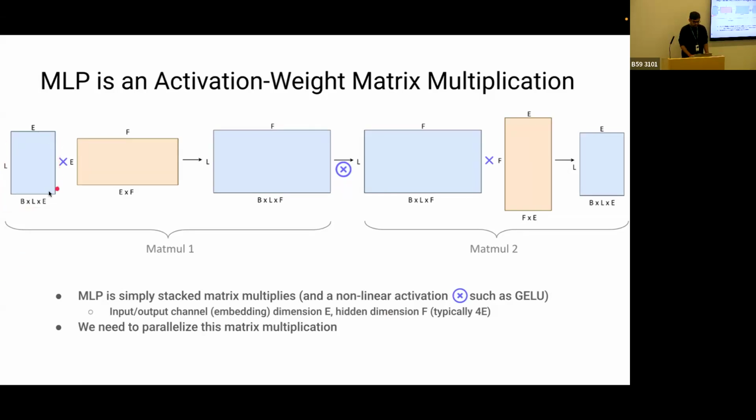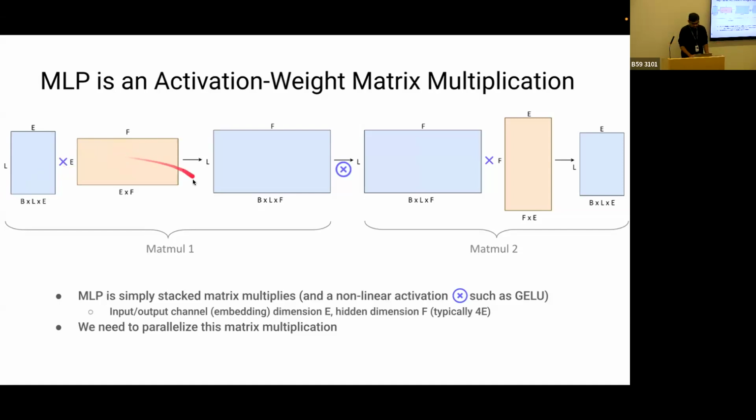You have your input tensor, batch by L by E. You're multiplying it by a weight matrix. Once again, weight matrices are colored in orange. So you typically have something like E cross F. In our case, F is 4 times E. That's because typically transformers lift to a higher dimensional space that's roughly 4 times bigger. So this matrix ends up being this fat matrix.